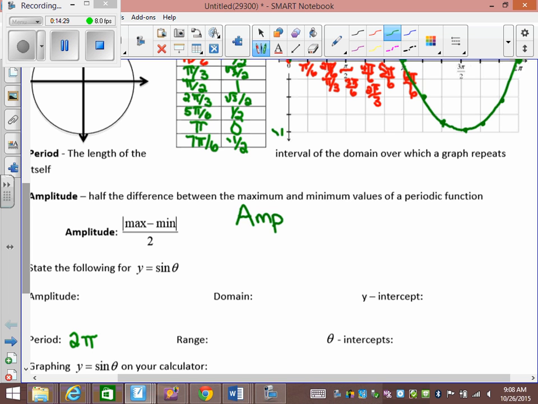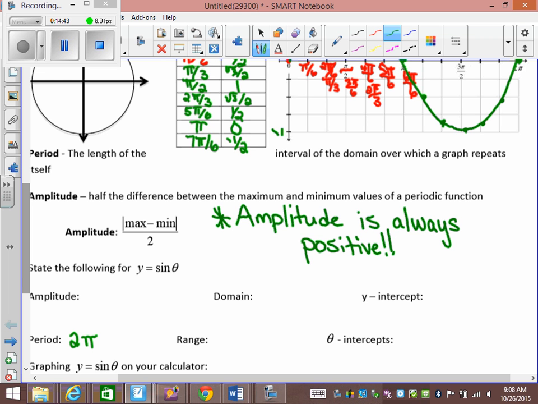Amplitude is always positive. So, on the diploma, they gave me the answer for the amplitude, and one of the answers is negative something. That was out. Gone. Amplitude can't be negative.